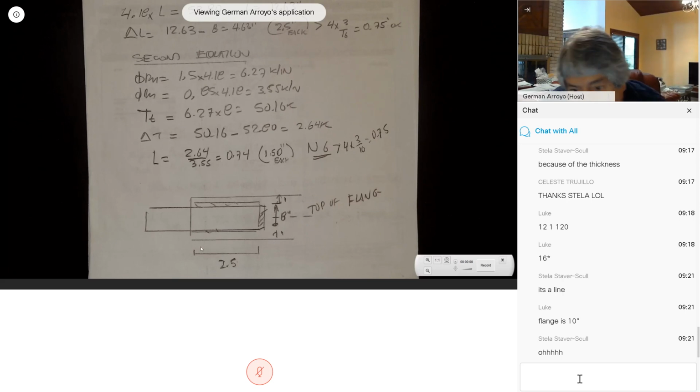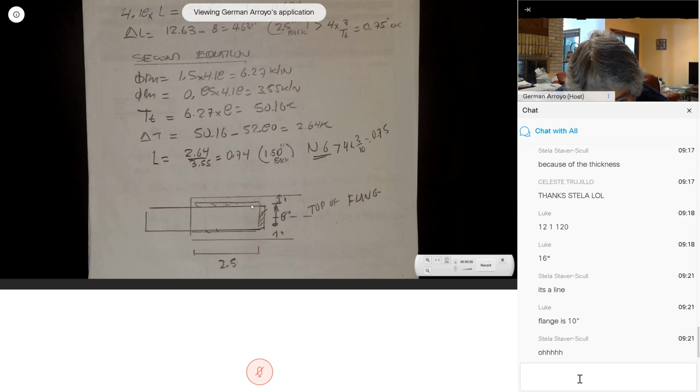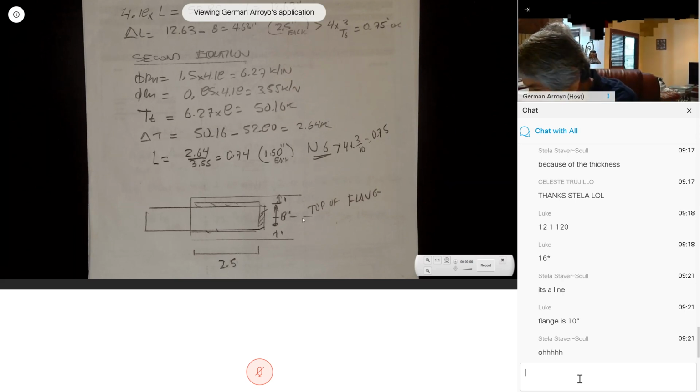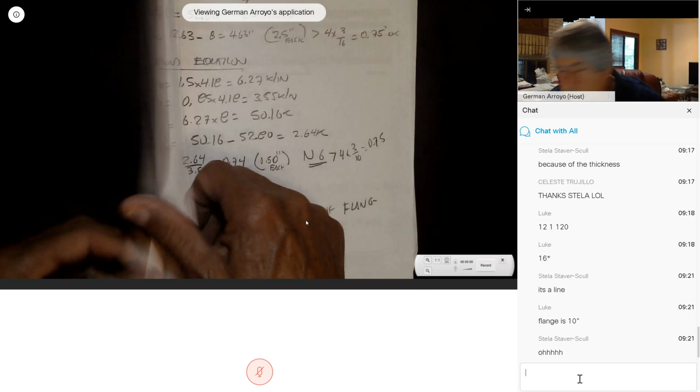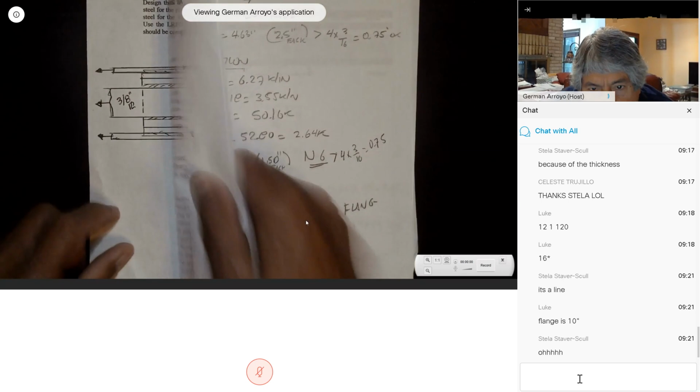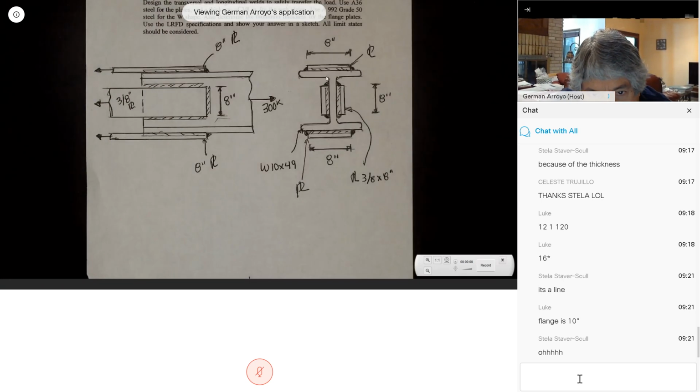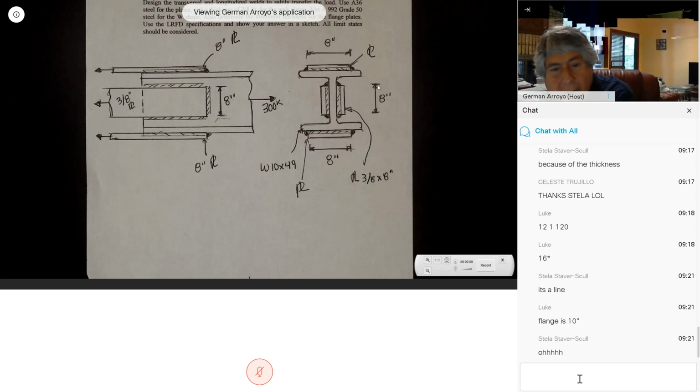So the block shear is going to be 1 times 2.5. So there is an L in here and there is an L in here. Because the U is not going to happen because we have the web. So if you look at this, the U is not going to happen because of the web. So we're going to have an L and an L in here. And this is what I have.